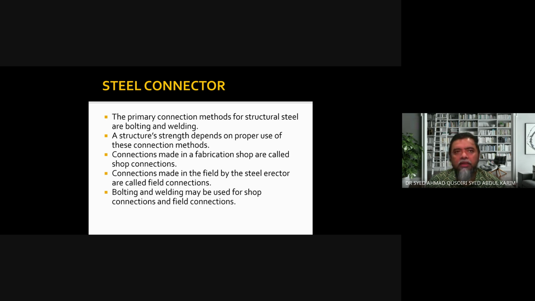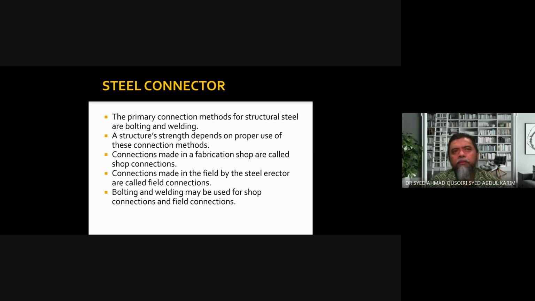So for these connections, as I mentioned previously, some of them are made at the factory, which are known as shop connection, and then some of them are being made at the site. So these are known as site connections or field connections, right?